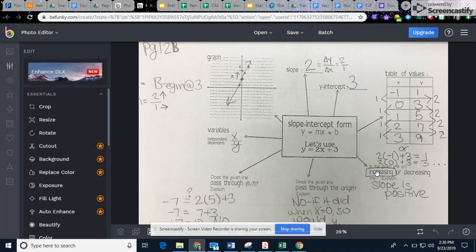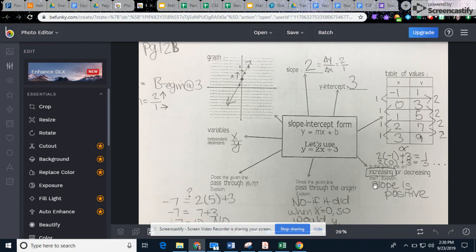The next question says, is the given line increasing or decreasing? And explain. Well, it is increasing because the slope is positive. And you're going to read a graph the way you will a book, from left to right. So when we get over to the graphing part, you will see that from left to right, this graph is going up.